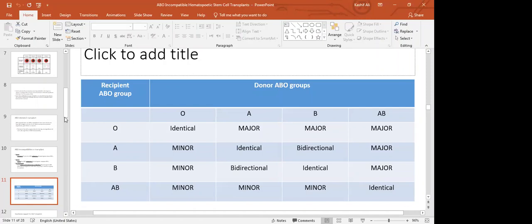When the recipient is blood group A and the donor is blood group O, it is a minor mismatch because the donor has anti-A antibodies against the recipient. When the recipient is B or AB and the donor is type O, it is again a minor mismatch for the same reason: the donor has antibodies against the recipient. When the recipient is blood group O and the donor is blood group AB, A or B, it is a major mismatch, as the recipient has anti-A, anti-B or anti-AB antibodies respectively against the donor.